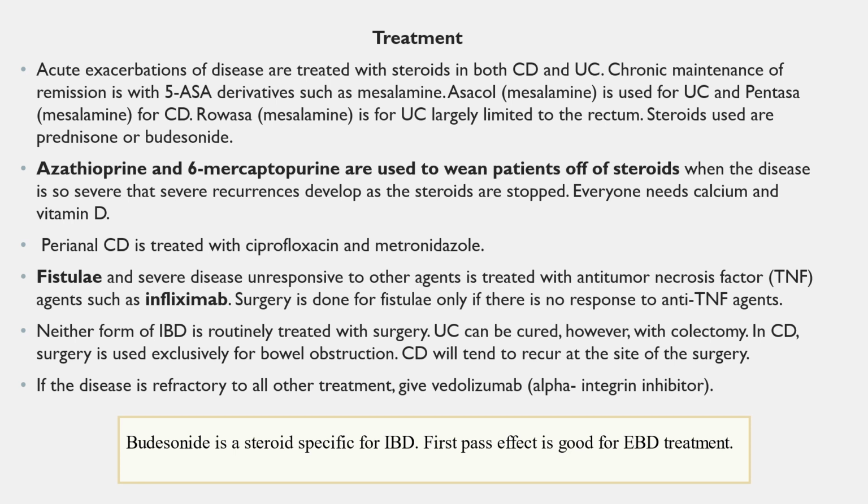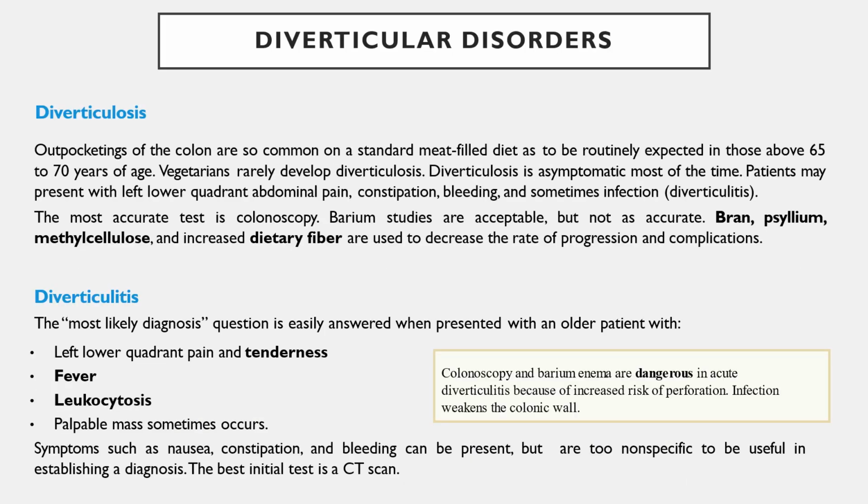Let's go to the next slide, slide number 11. Let's discuss diverticular disease. Diverticulosis means outpouching of the colon, which is so common on the standard meat-filled diet as to be routinely expected of everybody who is 65, 70 and above.